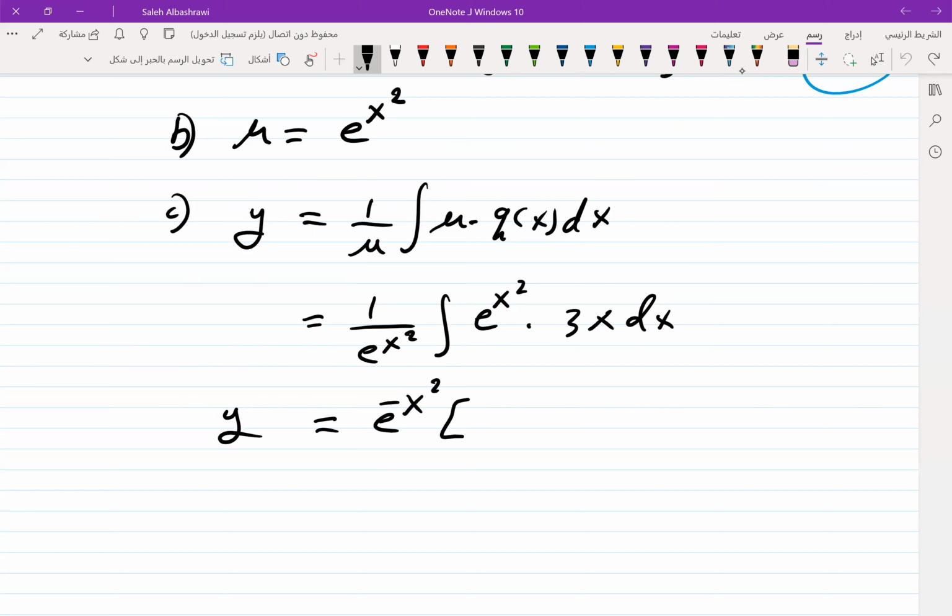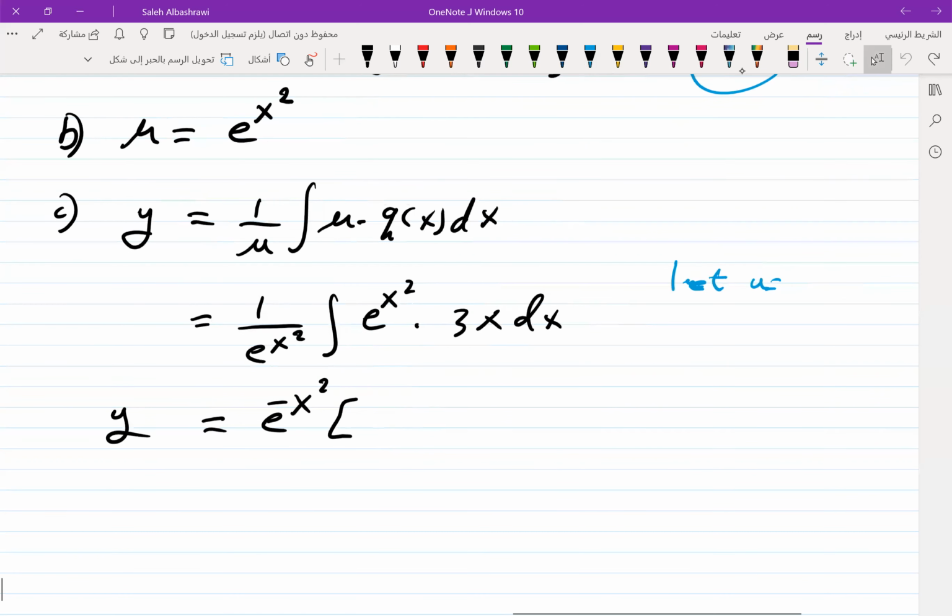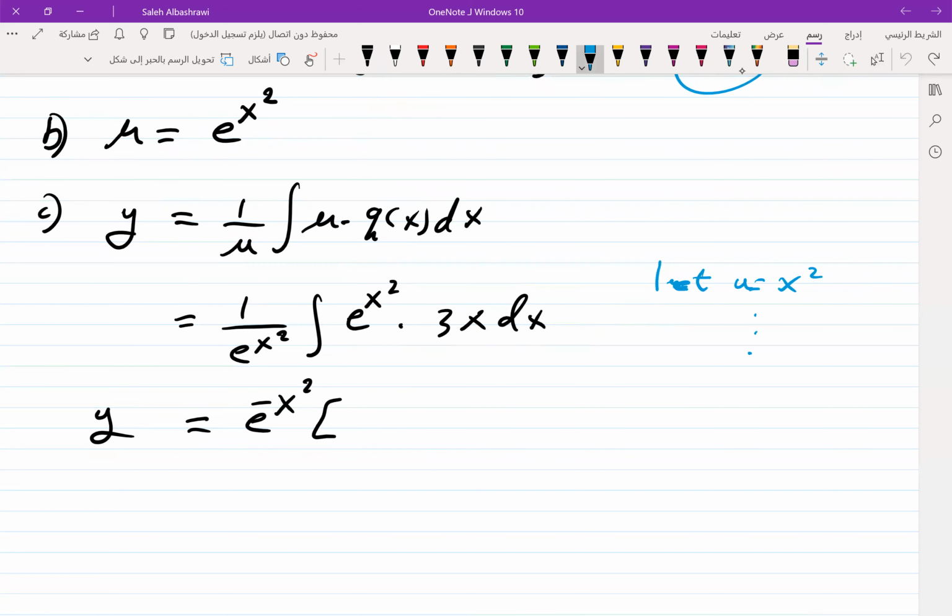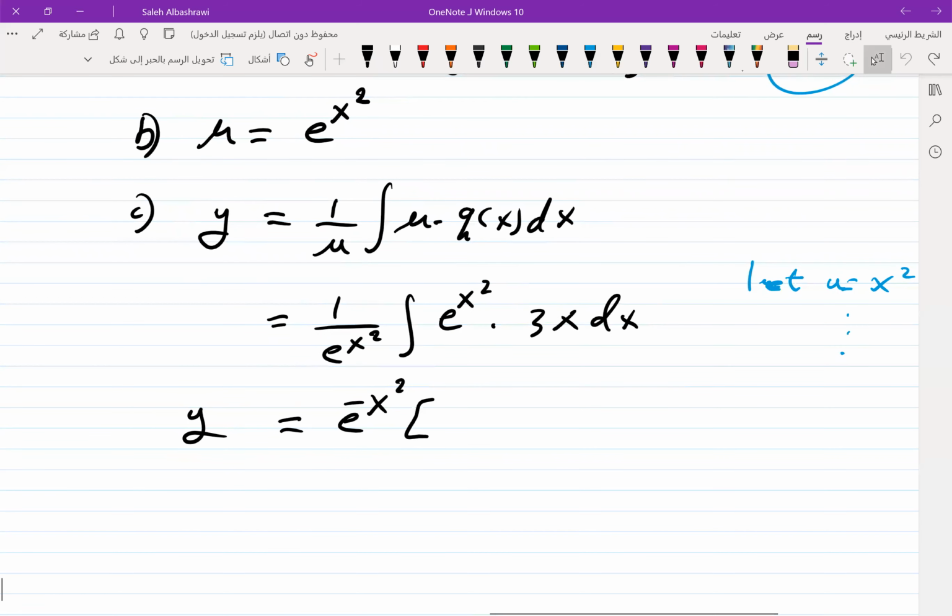Let u equal to x squared and find the integration. It will be 3 over 2 multiplied by e to power x squared, and it is indefinite, so we must have c.